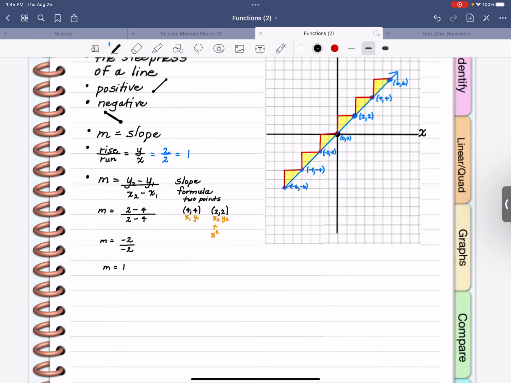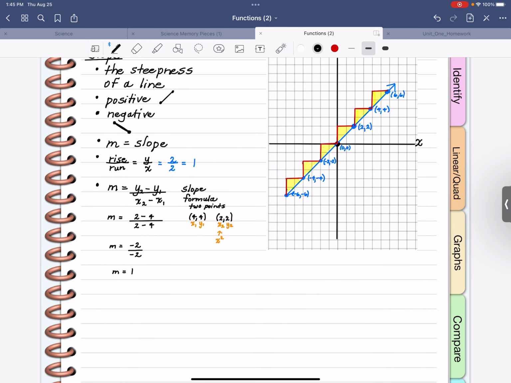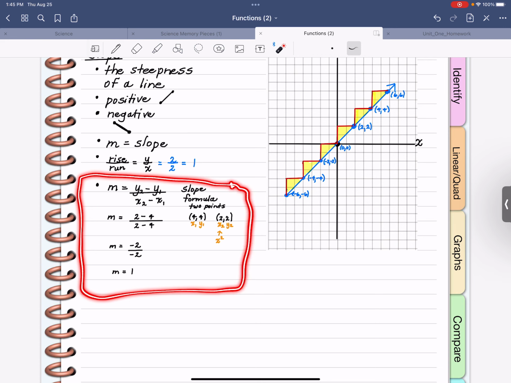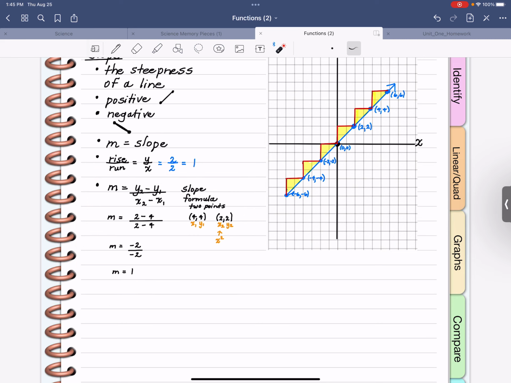Now we knew that it was positive because we're climbing the stairs, not coming down the stairs. But that is an example of how to use the slope formula. And sometimes there's no other way to do it. If you can look at the graph and see this perfect stair step, I could tell you before I even started writing that the slope was 1 because I've done this for so long now.